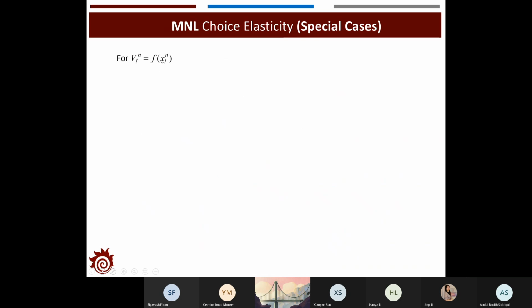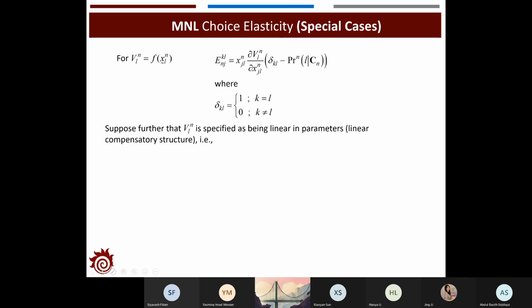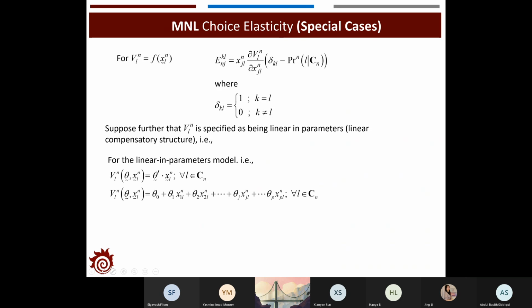And now let's consider the special case with the linear expression for the deterministic component. Based on what we have already derived, assuming that VL is a linear function of the attributes or the variable x, we can write VL as theta 0 plus theta 1 x1L plus theta 2 x2L until theta p xpL.